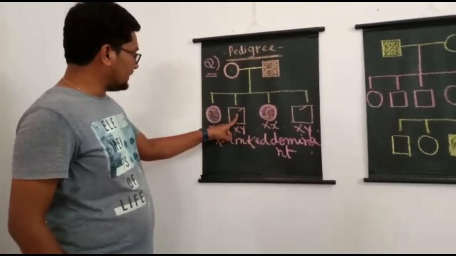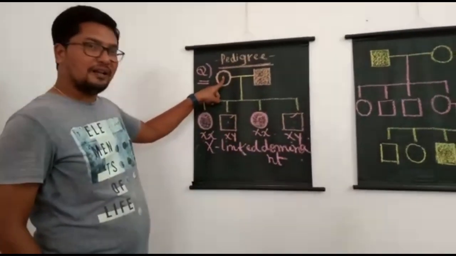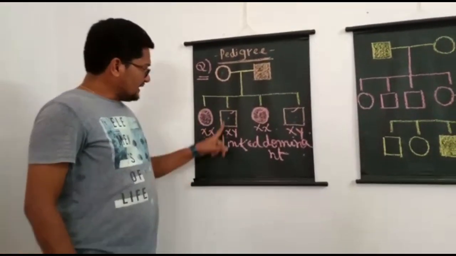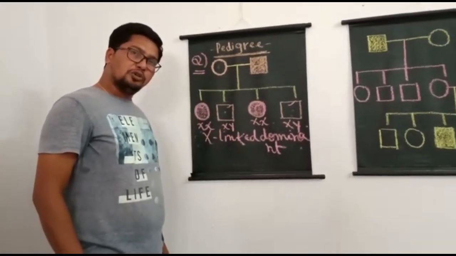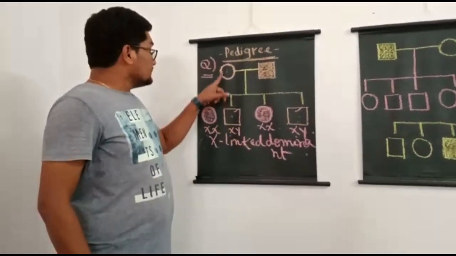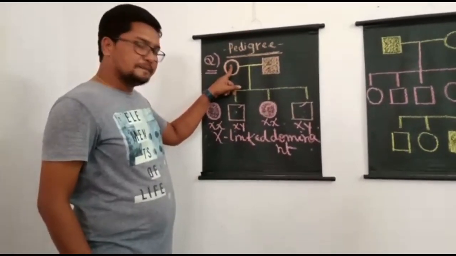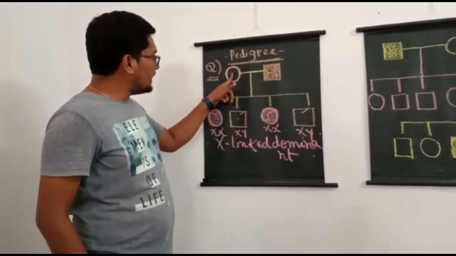You can see here, both the males are normal and the mother is normal. And always remember, a son has 1 copy of X chromosome and 1 copy of Y chromosome. So a son always receives X chromosome from mother and Y chromosome from father. What type of mother do they have?